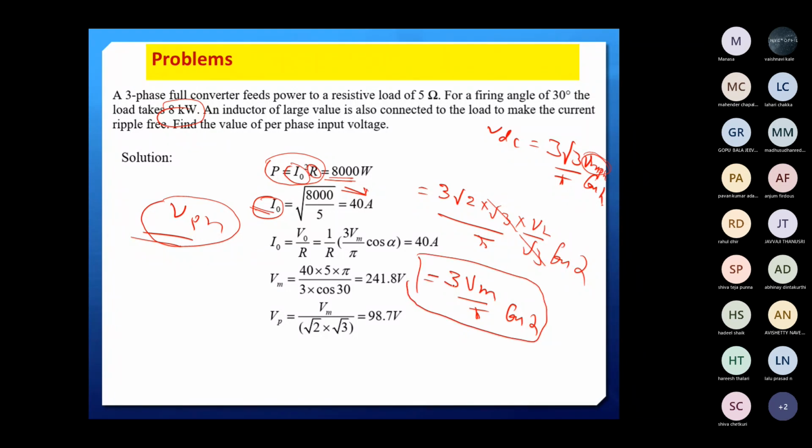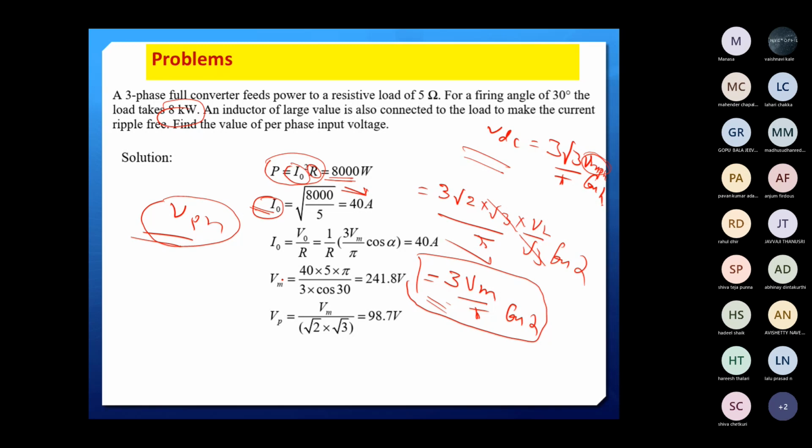In that you can see that 3 root 3 Vm by pi into cos alpha is the general expression. But some books represent 3 Vm by pi into cos alpha also, because the root 3 will get cancelled out. In that case it is a phase voltage directly. So now we can see that to convert into phase voltage, I made it divided by root 3, and here root 3 will get cancelled.